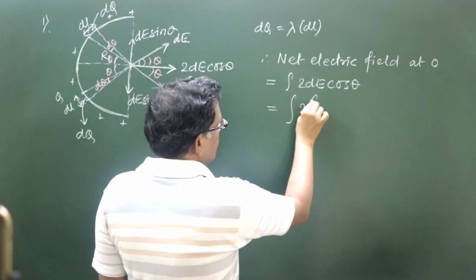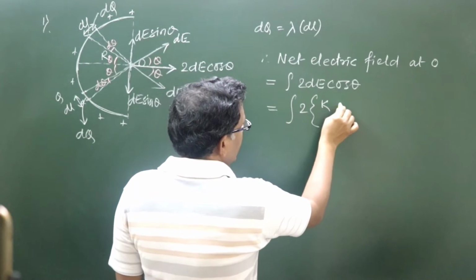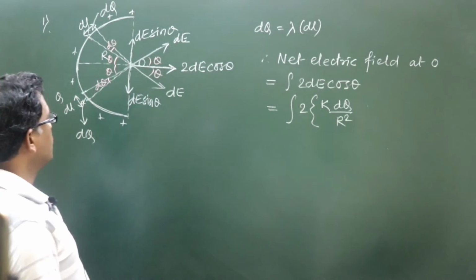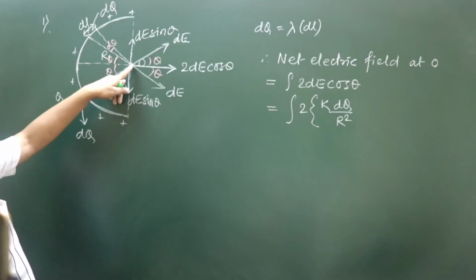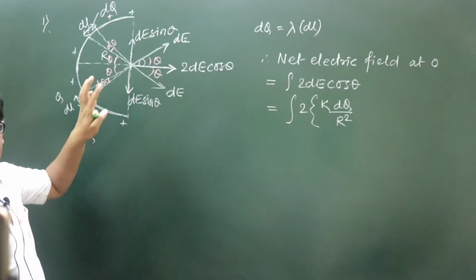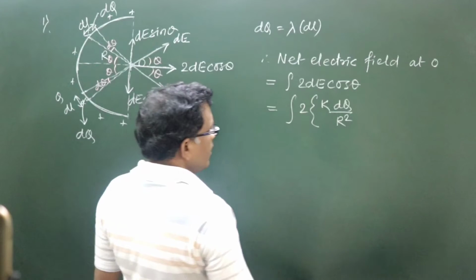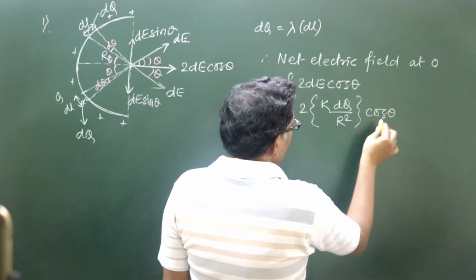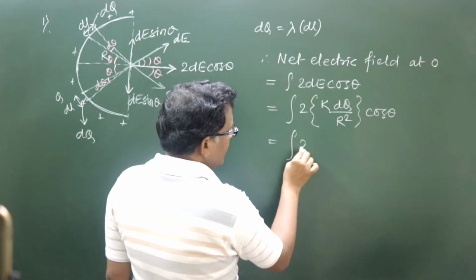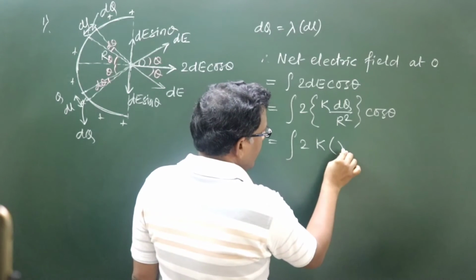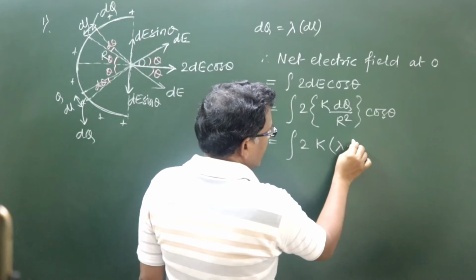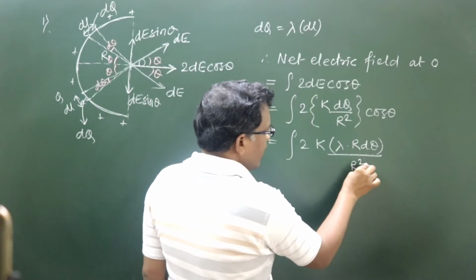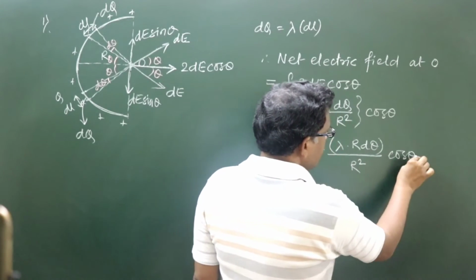We can express 2 dE as k into dq by r square, that is the force of repulsion on +1 charge due to the dq charge on the element of the semicircular ring, into cos theta. We can simplify it: 2k, dq can be written as lambda into dl, and dl can further be written as r d theta, divided by r square, into cos theta, right?